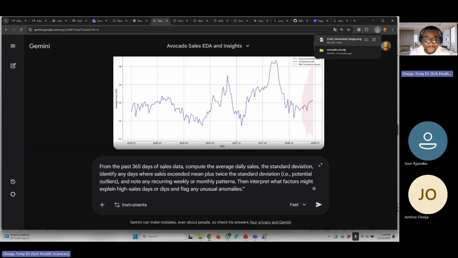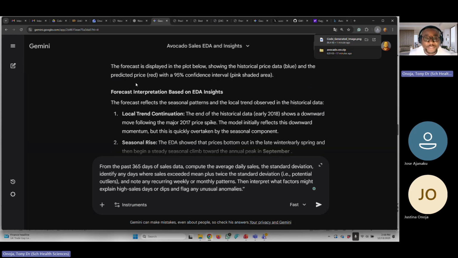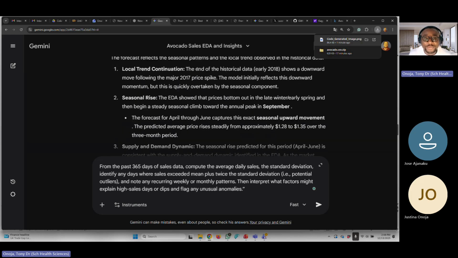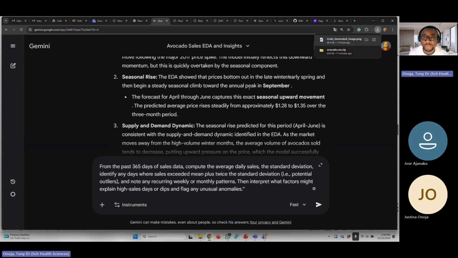Great. So we can see it tells us what it has done, and the forecast was done based on the EDA, the local trend continuation, the end of the historical data. Early 2018 shows a downward movement following the major spike in 2017. So the model initially reflects this downward momentum.